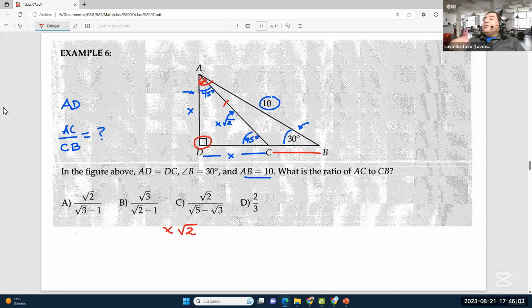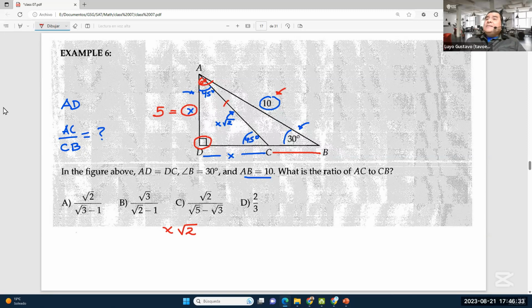Can we find a connection between CB and X? Well, think about that for a moment. If this is X and the hypotenuse is 10 in triangle ABD, it follows, because of the properties of the special triangle with angles of 60 and 30 degrees, that this must be half of the hypotenuse, that is to say 5.